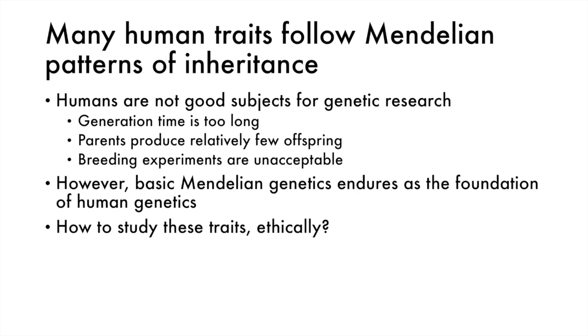So, we haven't talked a lot about human traits in terms of Mendelian characteristics. I guess we talked about blood type and Huntington's disease and hemophilia.